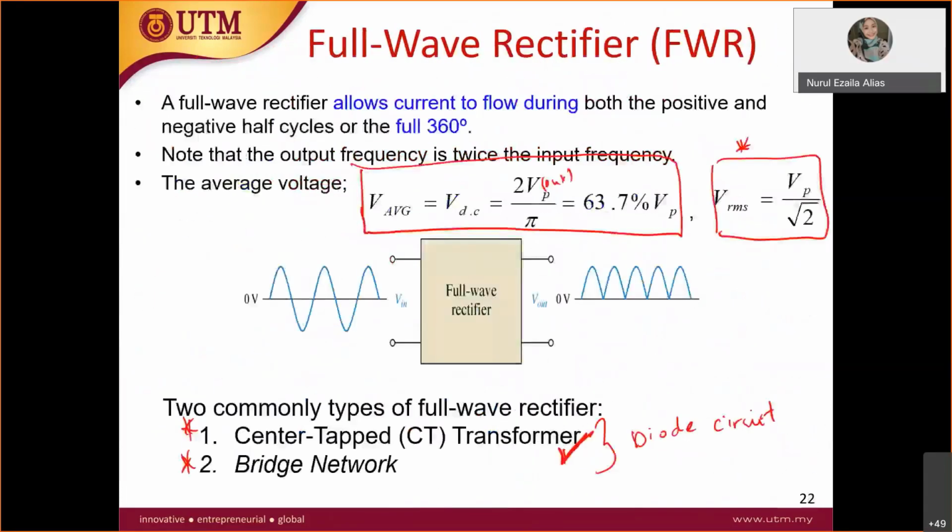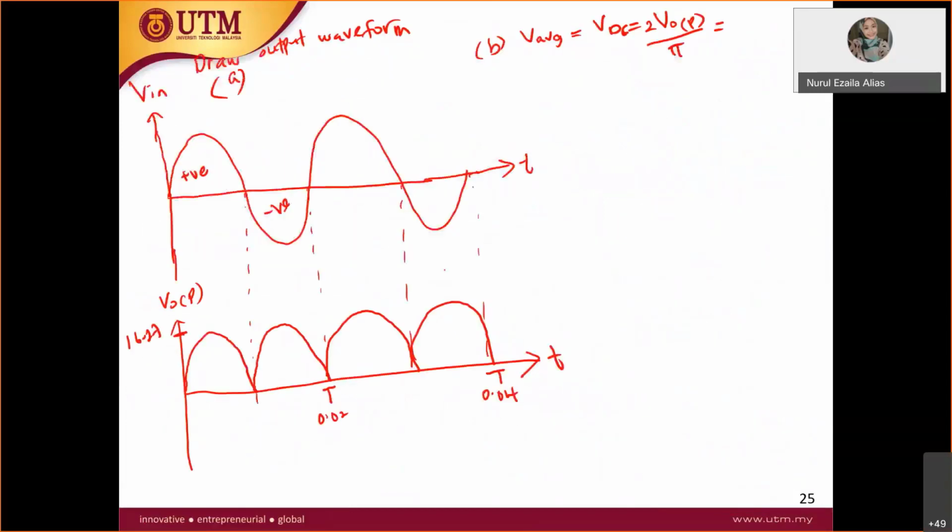Can someone calculate for me? 2 V peak over pi, how much? I got 10.36. How about the rest of you? Same.